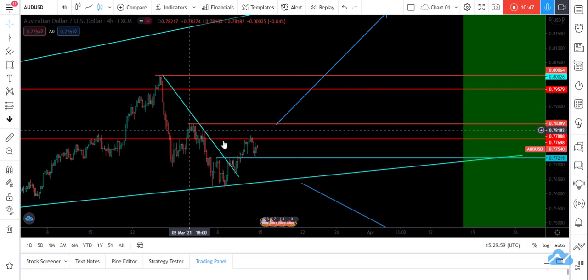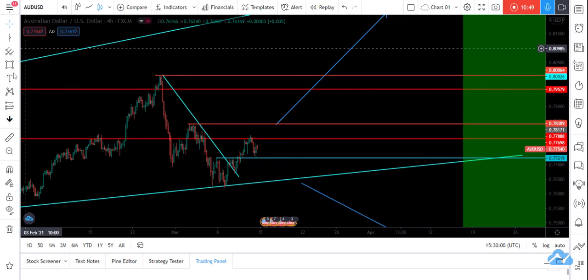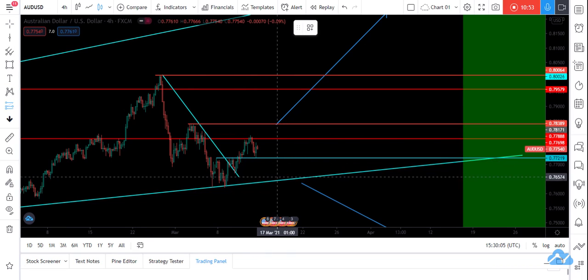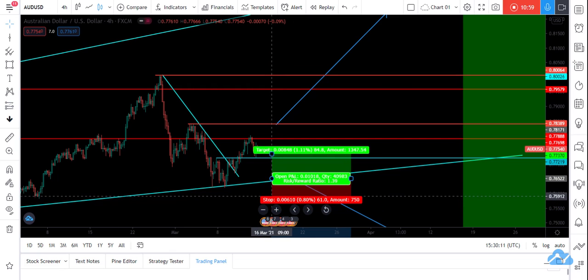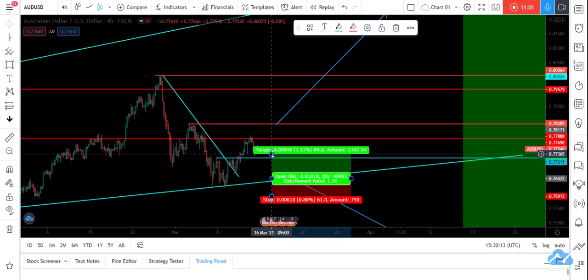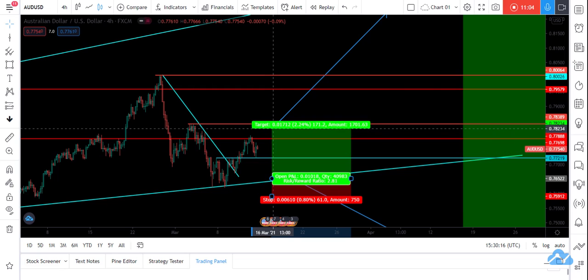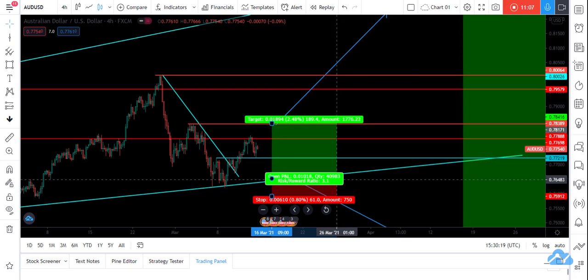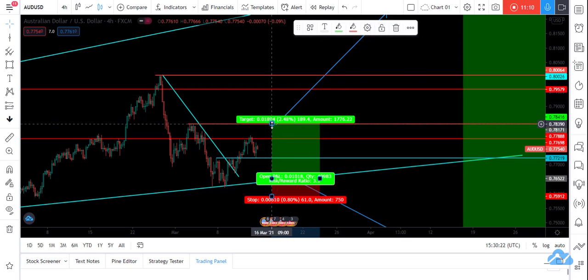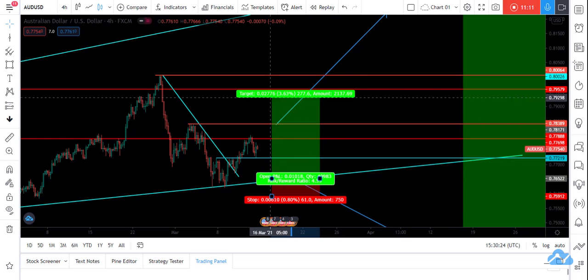So what does make sense here is, we still look for buys, and we look for a buy setup back down here at the trend line support area, keep our risk small, and first target here, and our second target there.